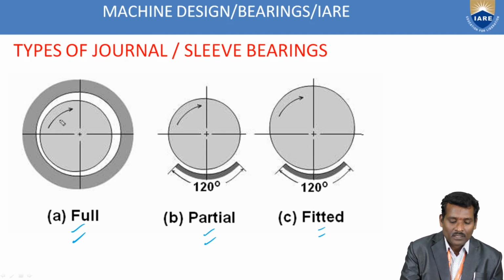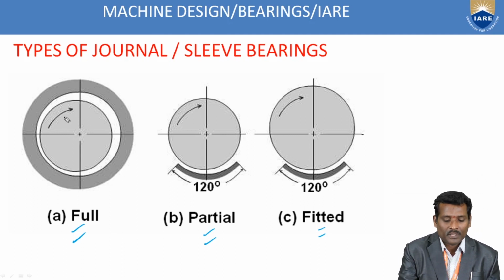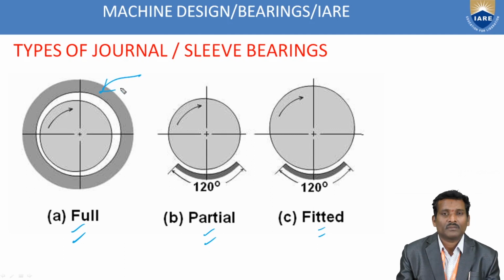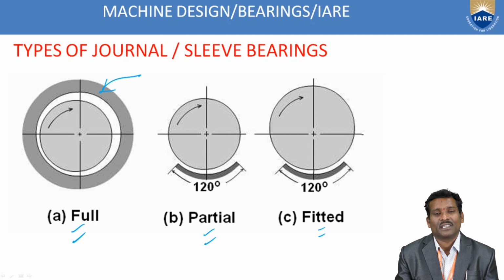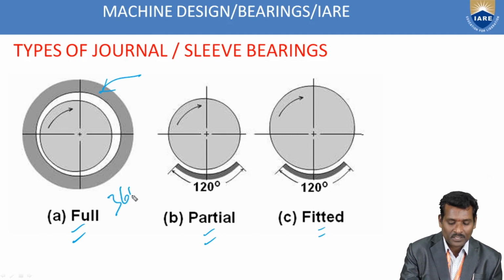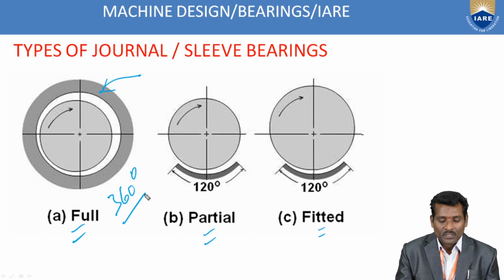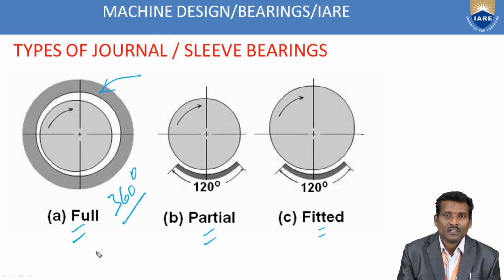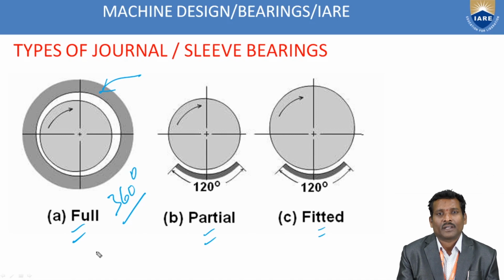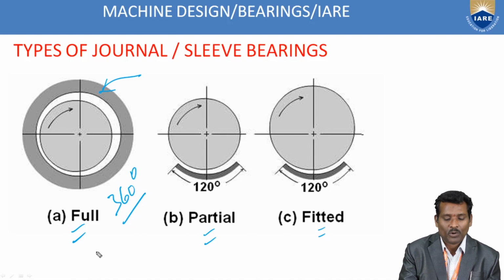In this, the moving element is enclosed by the bearing, the fixed element surface, at a 360 degree angle. So it means this journal allows all types of radial loads at any point.